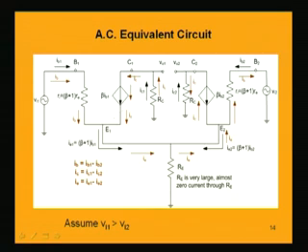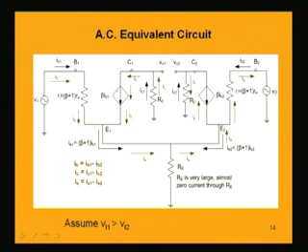This is the emitter point, and the collector C1 has a current source, which is beta times Ib1, Ib1 being the current in the base terminal of transistor Q1, because Ib1 will depend on the source Vi1, and the collector current Ic1 will depend on Ib1. So beta into Ib1 is Ic1.